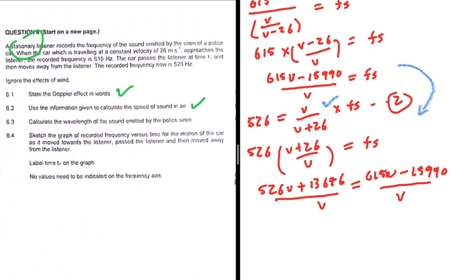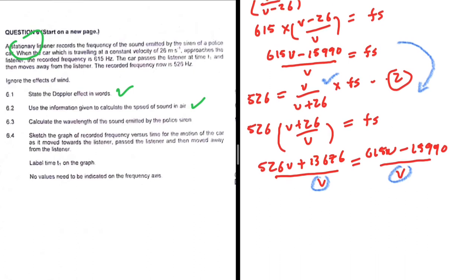Because we are dividing on the left side by V and dividing on the right side by V, we can just drop V, because the numerators must be equal to each other for those two things to be equal to each other. So we're just going to have 526V plus 13,676 being equal to 615V minus 15,990. I think it's quite simplified now.